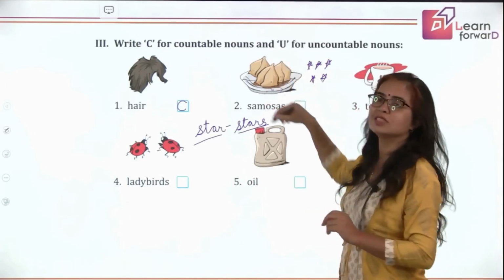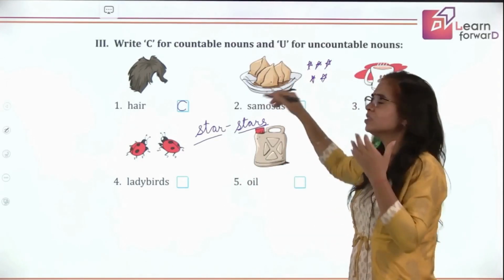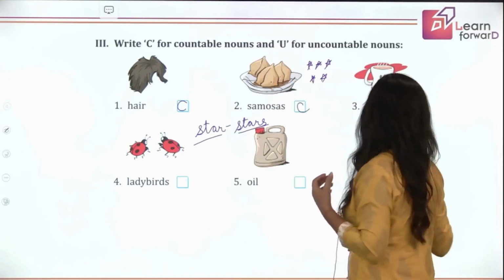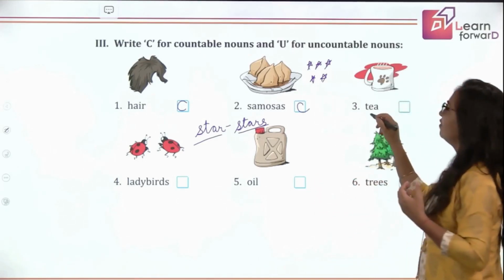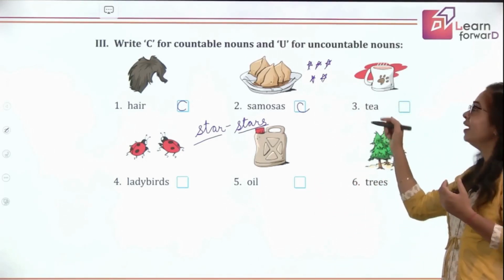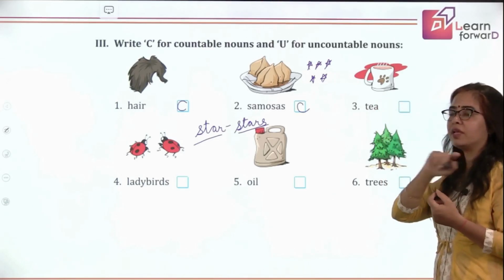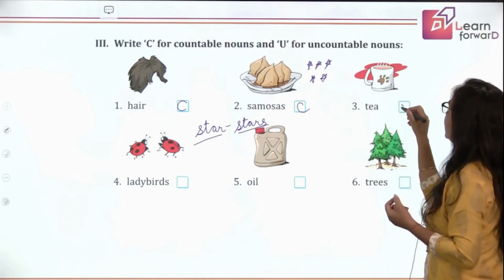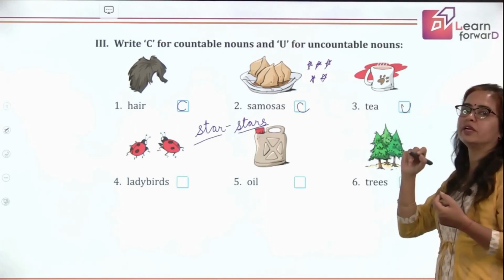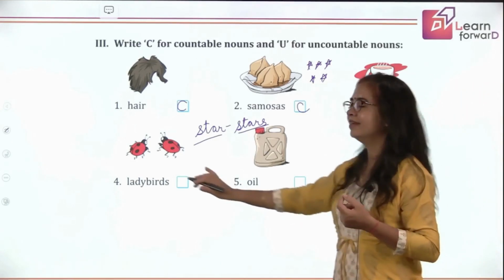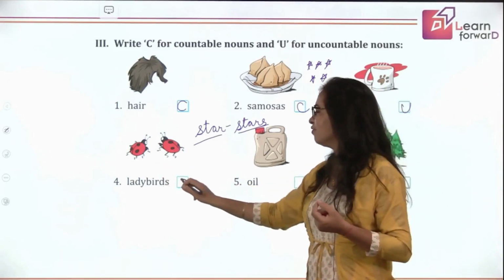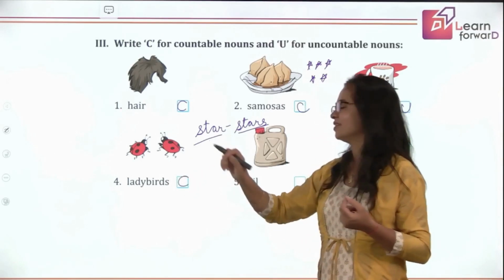Now samosa, simple, 3 samosa, so it is countable. Yes, when you come to tea, it is 1 cup of tea. Cup you are counting, but the tea inside cannot be counted, so it is U, uncountable. Of course, you yourself are saying these are 2 ladybirds, so it's countable.